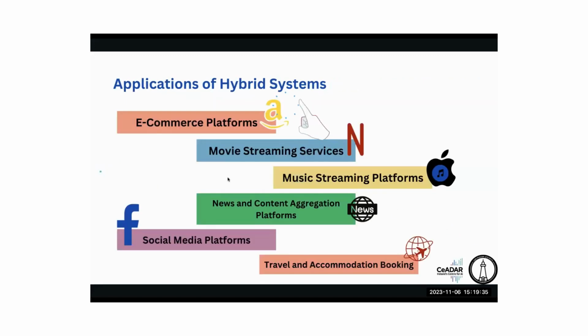So now let's discuss a bit about the different types of applications where hybrid systems are used. One example we already discussed was Amazon, which is an e-commerce platform. By combining different recommendation techniques, a hybrid system can potentially provide more accurate and relevant recommendations.